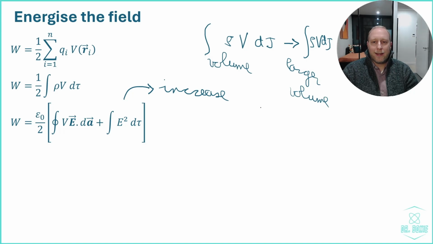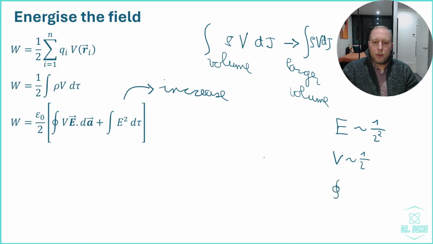Now, why does it decrease? Let's see if we can understand, at least qualitatively, why it would decrease. Remember that if we go far enough away from the charges, the electric field itself is proportional to 1 over r squared, and the potential is proportional to 1 over r, which means that the product of E and V is proportional to 1 over r cubed.